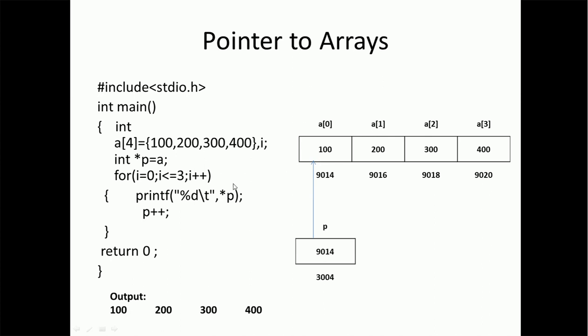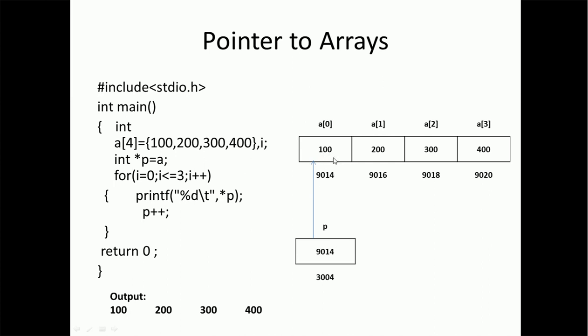Inside this loop we have printed star p. This loop is executed four times. The first time, star p will print the value of a0. Why will this print the value of a0? Because p is holding the address 9014, and star p means the value at the address 9014, which is 100.